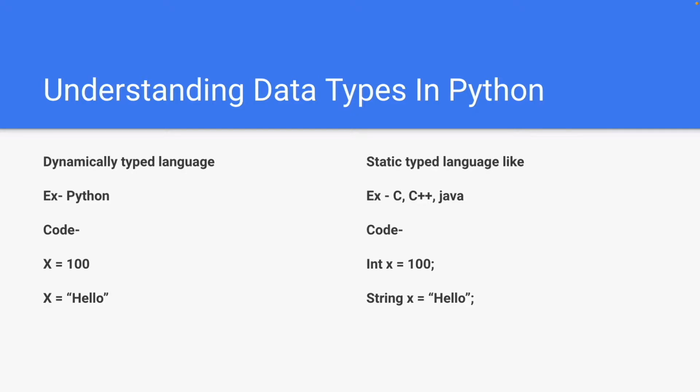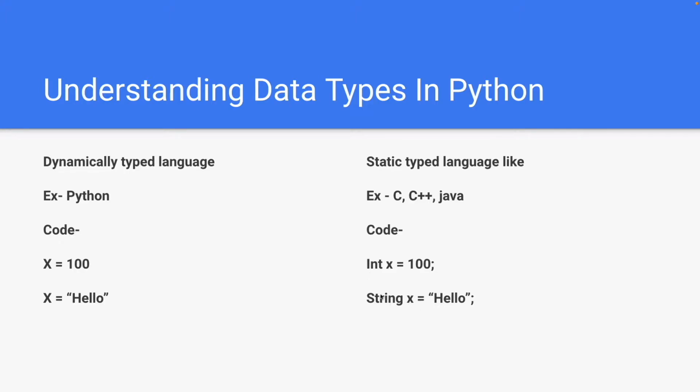For example, if you're using a variable x, you are not defining int, as in a statically typed language, for example C, C++, and Java. There you need to explicitly define int to tell the compiler it is an integer variable.